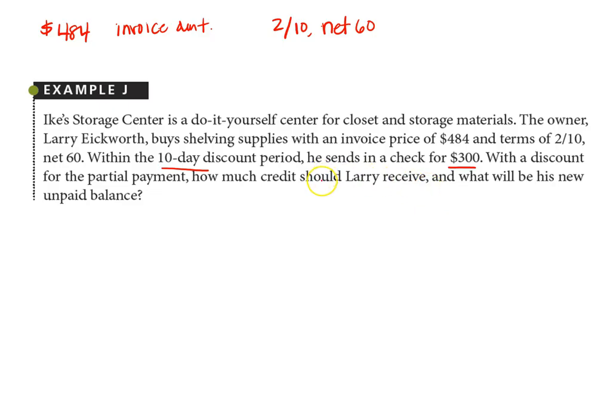So the first thing that I want to do is to find the complement of my discount rate. So the complement of 2% is simply 98%. Now I'm going to find the amount credited. And so I'm going to take the $300, because this is what he tried paying in advance within that discount period, times 98%.